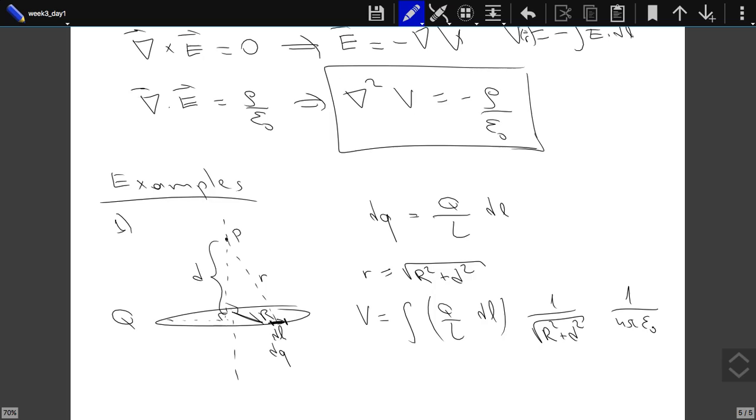Well, as we sum over all these segments, q is constant. L is the total circumference, that is constant. R is the radius of the ring, which is constant. D is the distance from the center of the ring, constant. All constants we can take out.